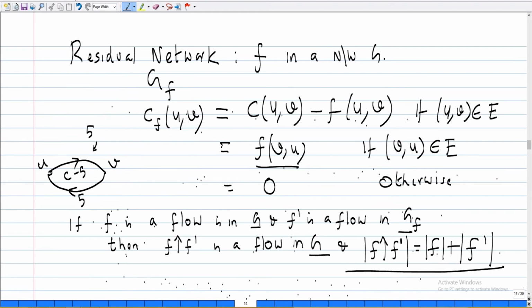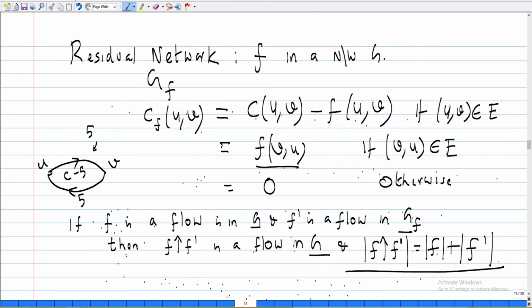Pictorially, what is the thing that you should think of? You had this flow network, you are pushing a certain amount of current out of S. Then you calculated the residual network. Then you are able to push a certain amount of current out of S inside the residual network. If you carefully add up the currents, now you can't blindly add the currents, you might have to subtract certain things also. That is why it is not just written as addition of the values.